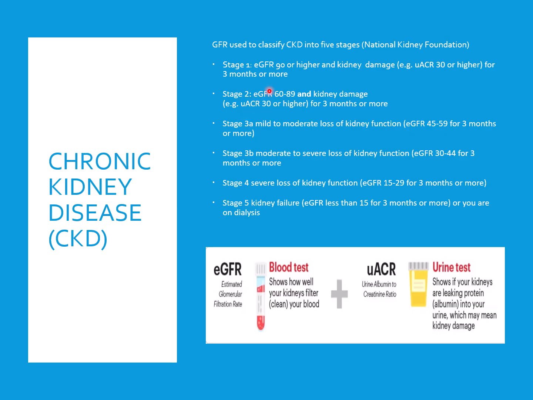In stage 2, our GFR is starting to be a little bit lower, so 60 to 89, below that 90 marker, and we also have albumin in the urine. At stage 3A, we have a GFR of 45 to 59, stage 3B, 30 to 44, stage 4, 15 to 29, and stage 5 is kidney failure, where we have a GFR of less than 15, or we have someone who's on dialysis. So again, early signs of damage, albumin, and then we look at staging by the amount of GFR reduction or that overall nephron damage.